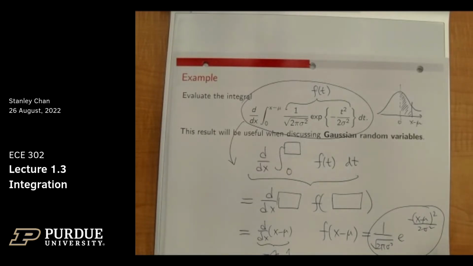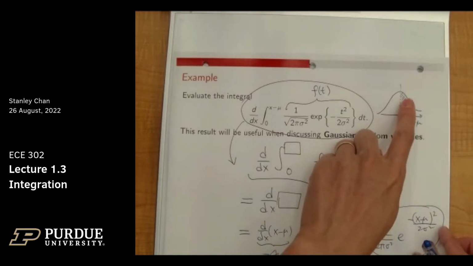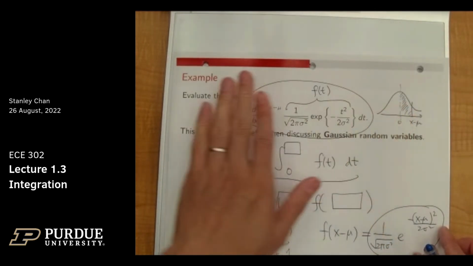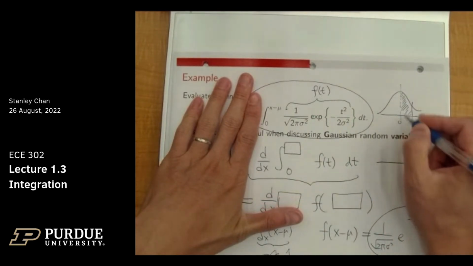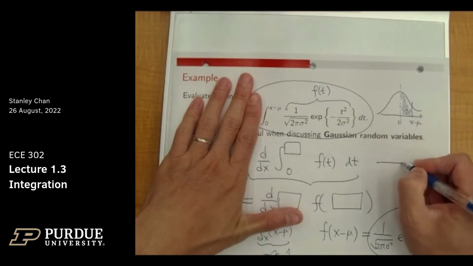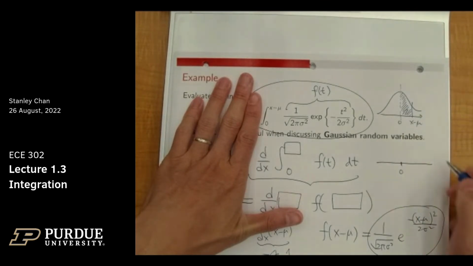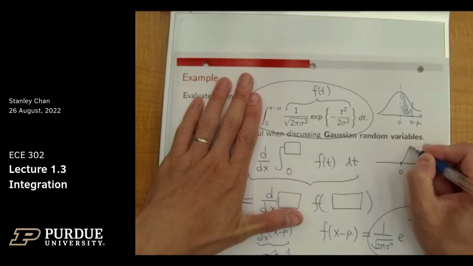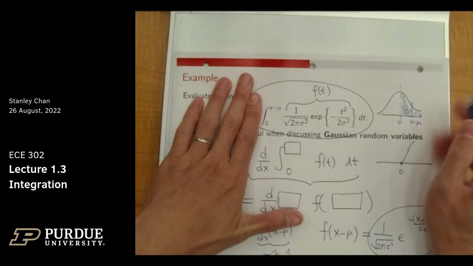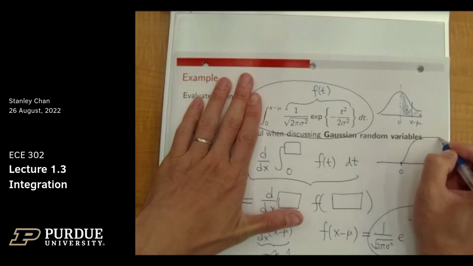Now, okay, that's a good question. What are we trying to do? This is the area, right? Now, if you only integrate the area, you get this. However, if I integrate the area, let's see what will happen. If I integrate starting from 0, if I integrate more, I will go up. And then ultimately, when I go to plus infinity, I will go to a plateau.